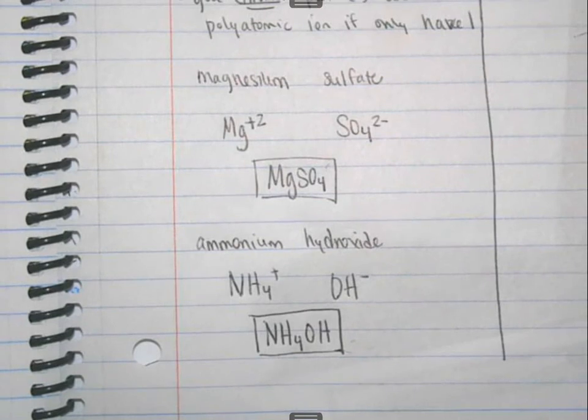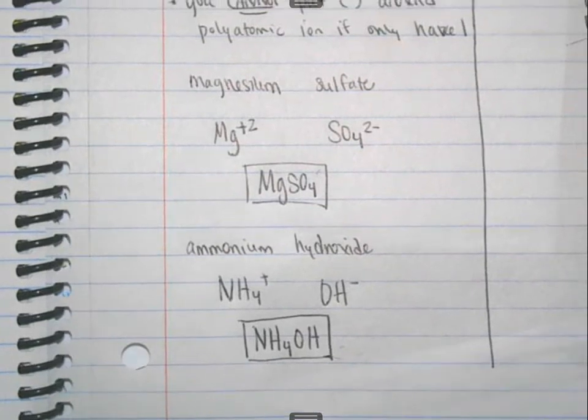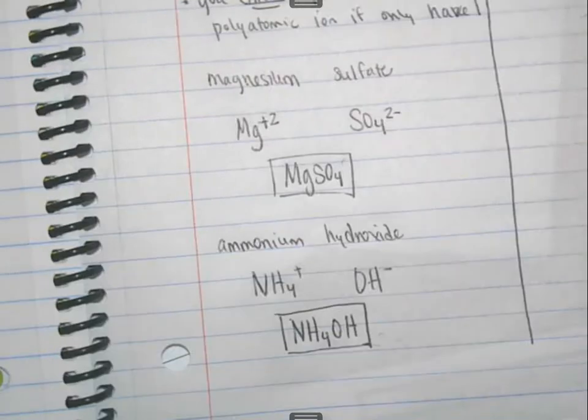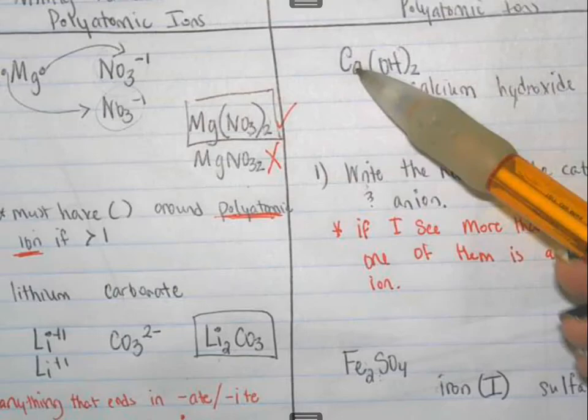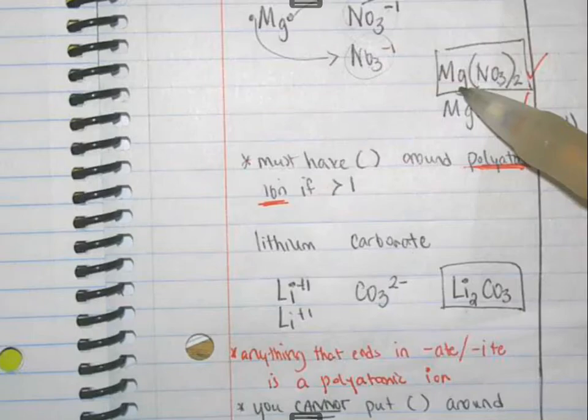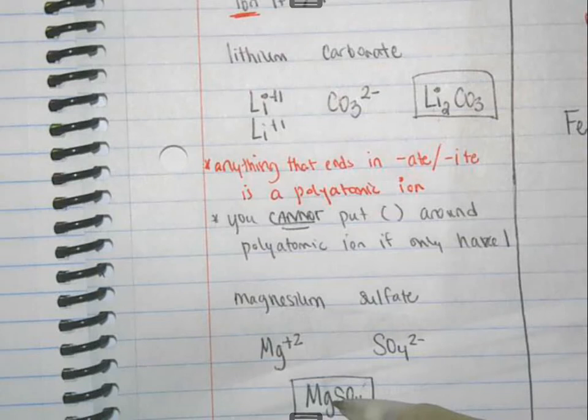What do we say makes an ionic bond? Usually a metal and a non-metal. Usually. So, do you see metals in most of these? Iron, calcium, magnesium, lithium, magnesium again. Okay, as soon as I see a metal, guess what? It's not covalent.